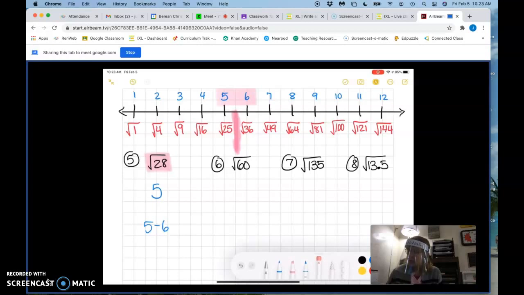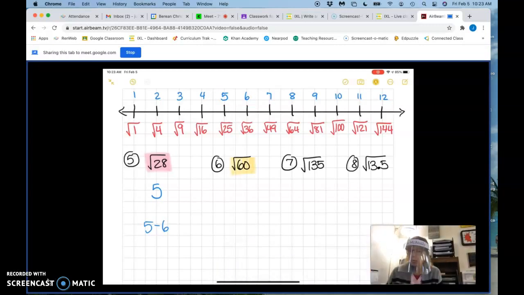I'm going to erase my marks here. So on number 6, I have the square root of 60. So where would the square root of 60 fall on my number line? After which square root? After the 7, or after the square root of 49.